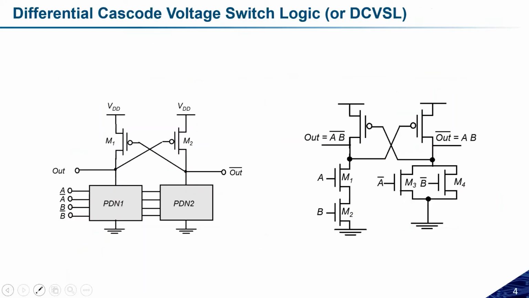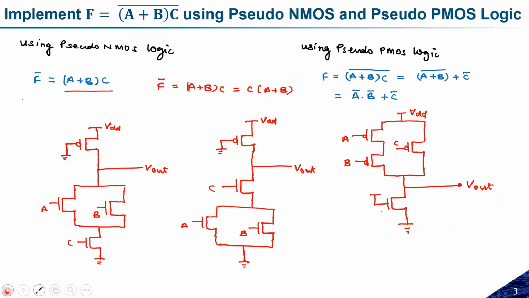Yes, so what was the problem with this one? The problem with this particular circuit was that the pull-up network is always in on state, and if the pull-down network is in on state, then based on the strength of the pull-up and pull-down networks, the maximum swing was decided. We have studied this kind of inverter previously.